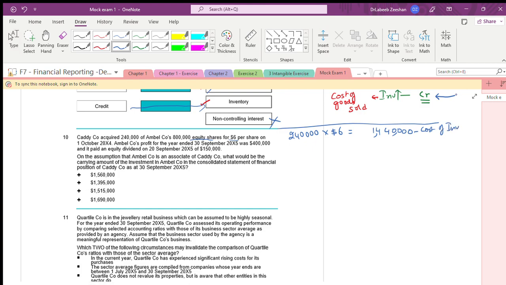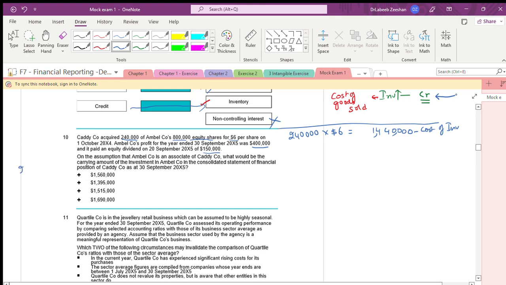Now, Amble's profit is how much? 400,000. And it paid an equity dividend of how much? 150,000. How much have they bought? They have bought 240,000.